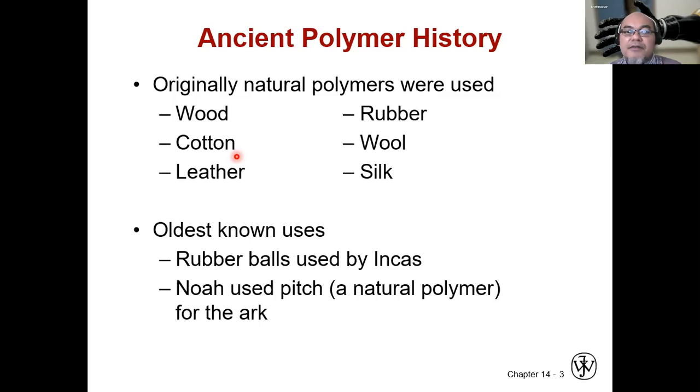In the past, mostly people used only natural polymers, which, for example, are wood from the forest, cotton, which is usually cultivated from cotton trees, taken from the flower part, leather from animals, rubber also from rubber trees, wool from animals, and silk from cocoons. Examples of these uses include rubber balls used by Incas to play soccer in ancient times.